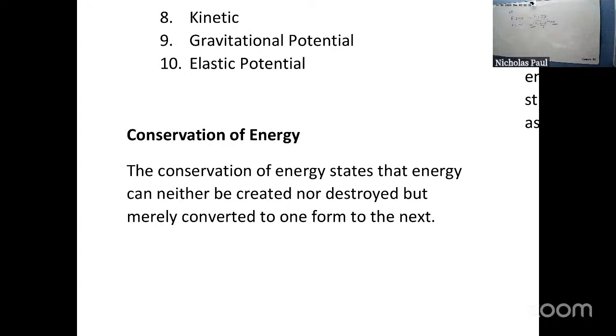All right. Conservation of energy, right? This is the one conservation I should never forget. Conservation of energy states that energy can neither be created nor destroyed, but merely converted from one form to the next. For example, the battery converts chemical energy into electrical energy.